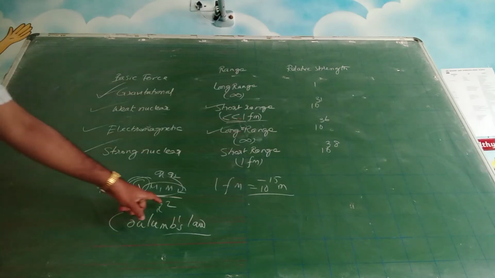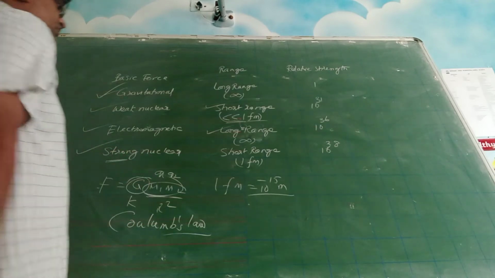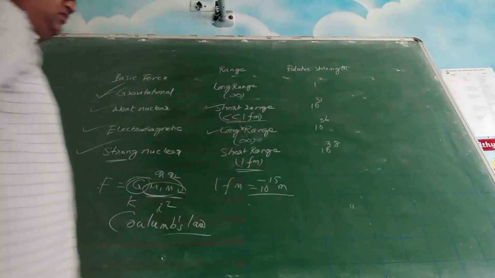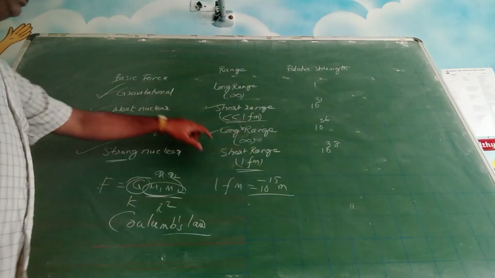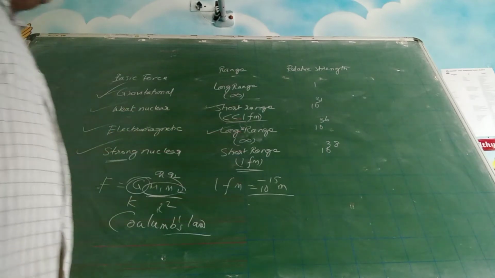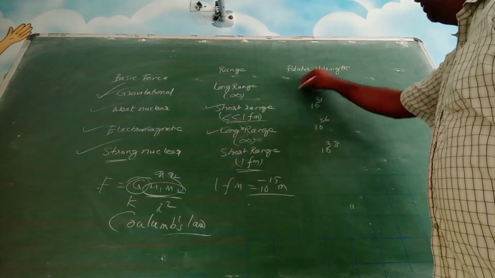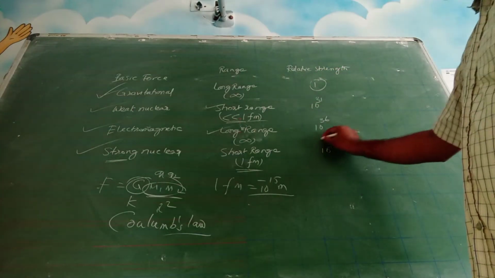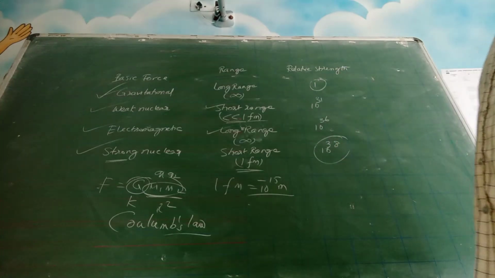So you can see here, when you are reducing the distance, the force is increasing. But however, they can operate up to a very large distance. Strong nuclear force, they operate in the region of 1 Fermi meter, a little more than weak nuclear forces in terms of range. But if you take the relative strength, if you say that gravitational force is 1 unit, you see that the strong nuclear force is 10 power 38 times stronger than this.